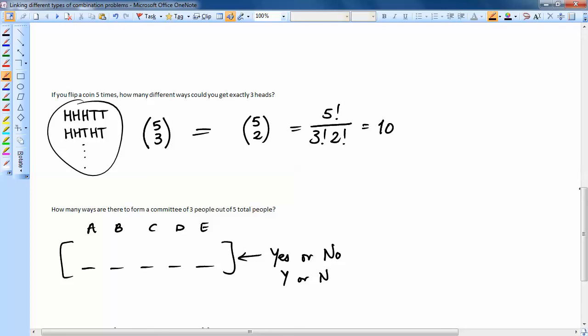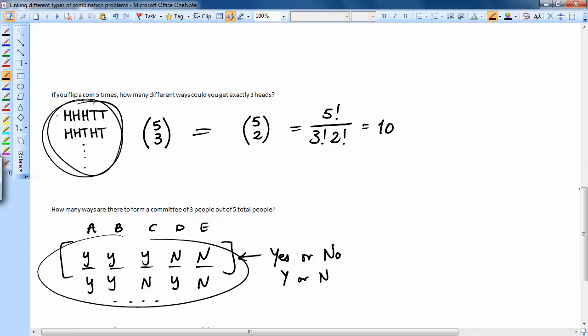So I need 3 Y's and 2 N's. So I could have it so that it's these 3 are in, these 2 are out, right? Or I could have it where these 2 are in, this guy's out, this guy's in, that guy's out. And it doesn't take too long before you realize that this problem is the same as this problem, which is the same as the other ones. So this, again, there are going to be 5 choose 3 ways.